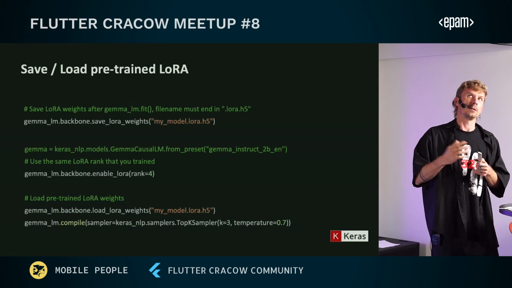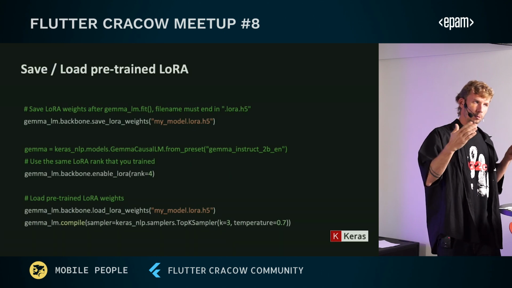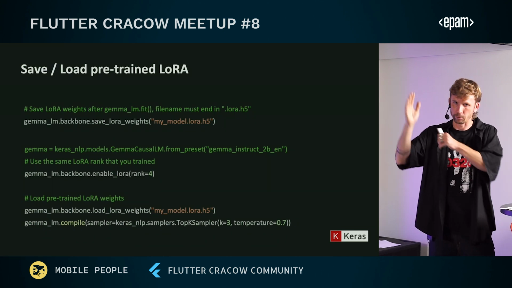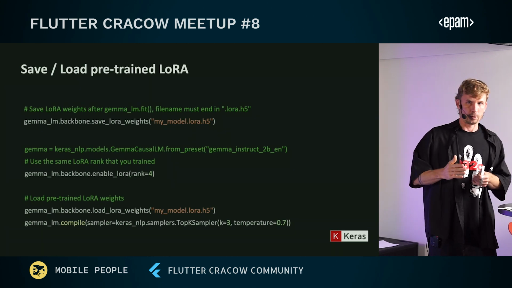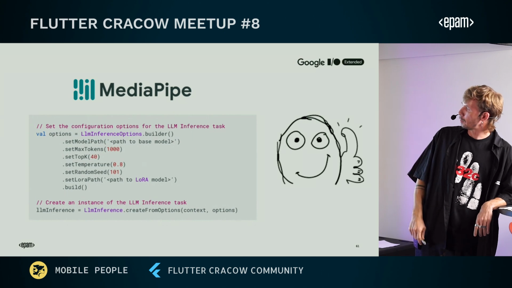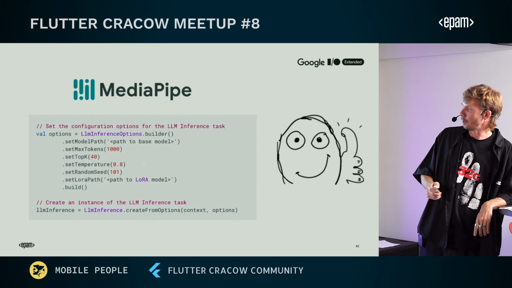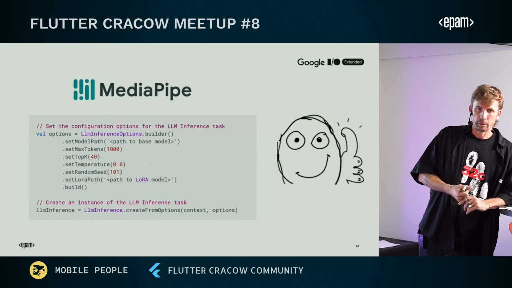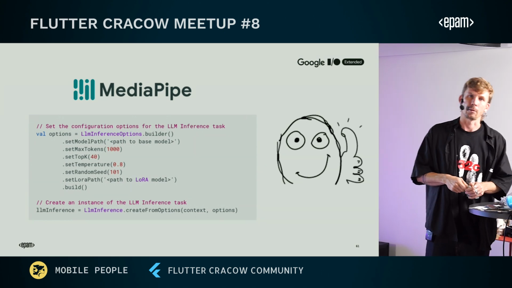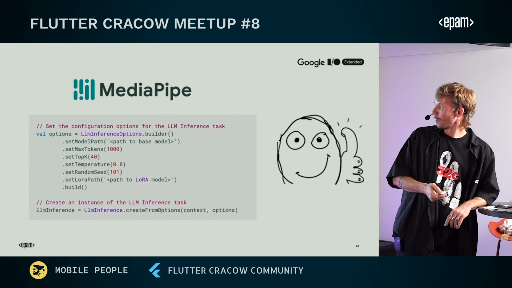In this case, you can use the same model for different applications or different directions. This Gemma for medical data, this is for programming, this is for, I don't know, a specific project. In MediaPipe there is a set LoRA path, and there is a path to additional fine-tuned data. Unfortunately, I didn't add it to the Flutter plugin yet, but maybe next week or in 2 weeks, we'll see.